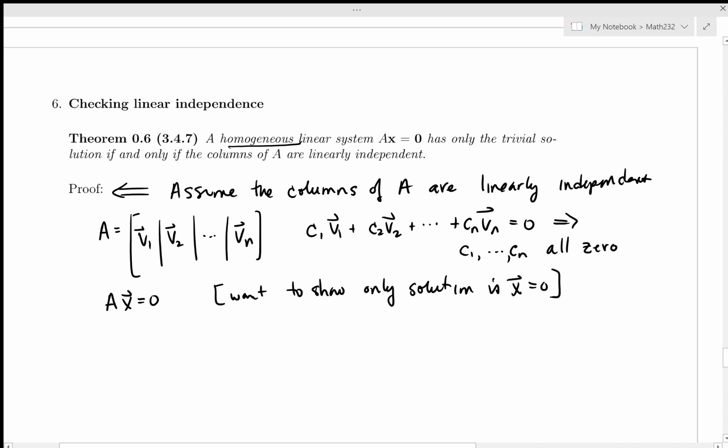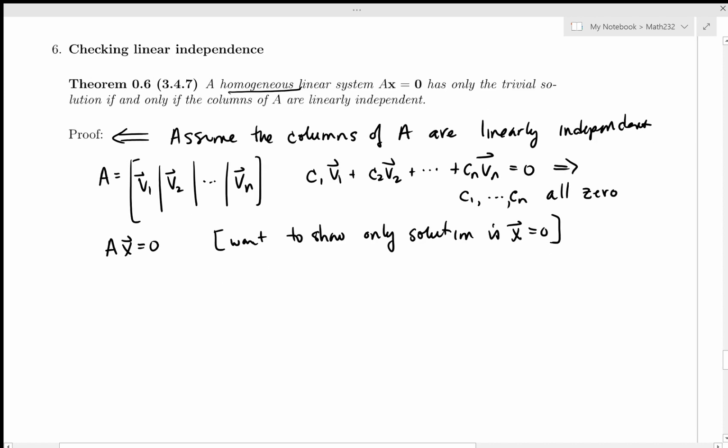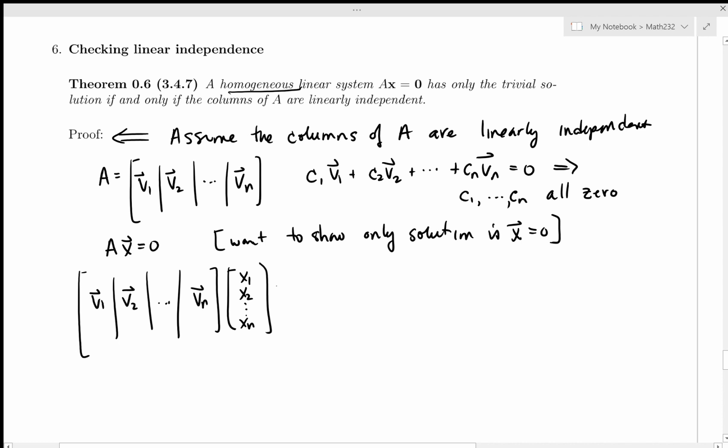One way of doing this is to go through from first principles and ensure it is true. I'm taking A and multiplying it by a solution vector, and that is supposed to come out to be 0. What I want to show is that all of these numbers have to be 0.